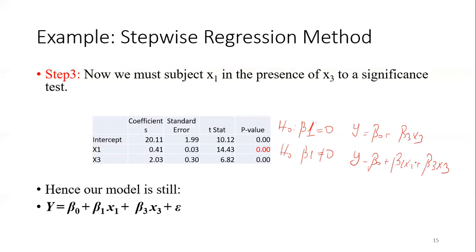If you cannot reject this hypothesis, use the smaller model. If you reject the hypothesis, adding x1 to this model is still significant, or removing x1 makes a significant loss in your model. When you look at the p-value, it says to reject the hypothesis. Hence, I still have this model.